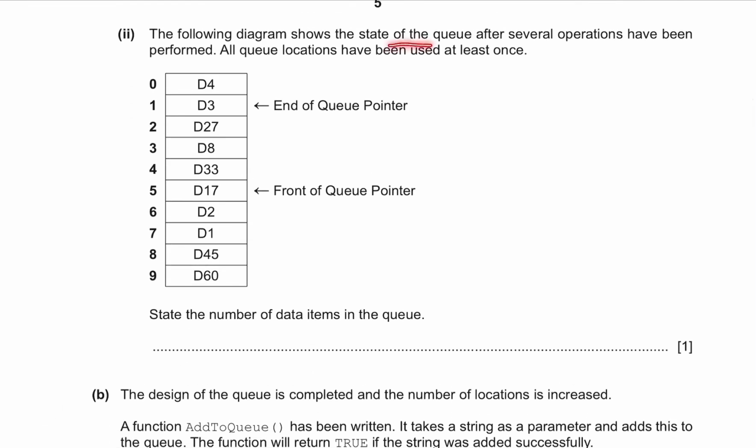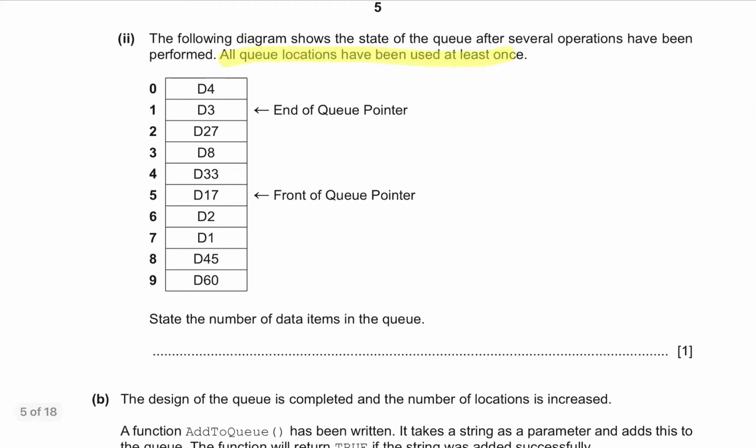The following diagram shows the state of the queue after several operations have been carried out. All queue locations have been used at least once. State the number of data items in the queue. How many data items are there? 7 items.